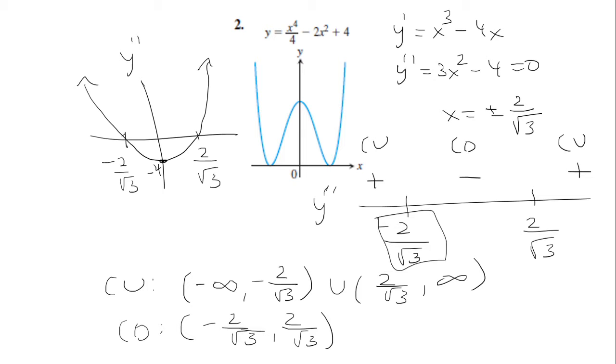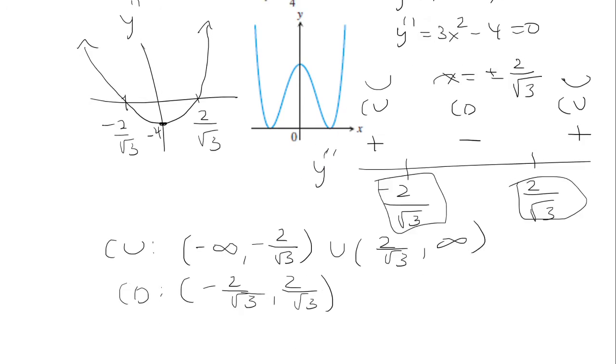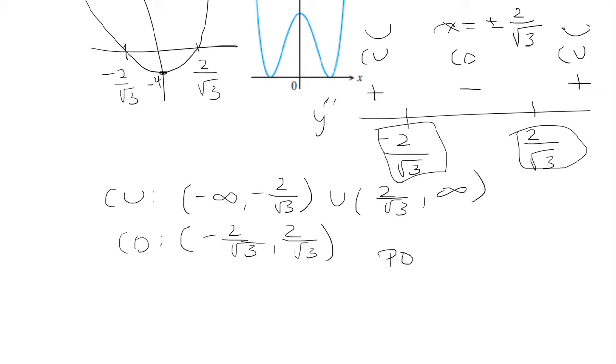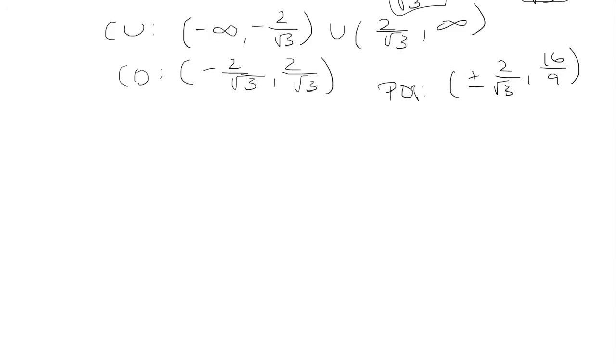Notice at negative 2 over root 3 and 2 over root 3, the concavity changes from up to down and then down to up. So those are going to be points of inflection. So we're just going to plug it back into the original function to get the y value. And when we do that, we get 16 over 9. Let's go on to the next one.